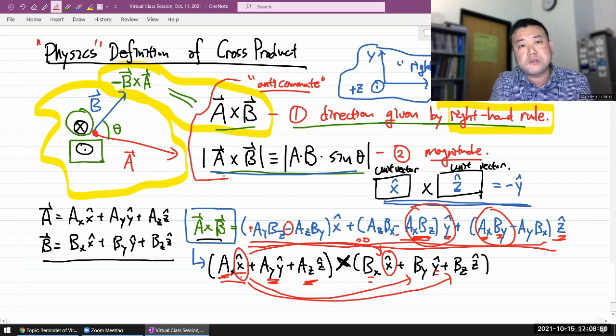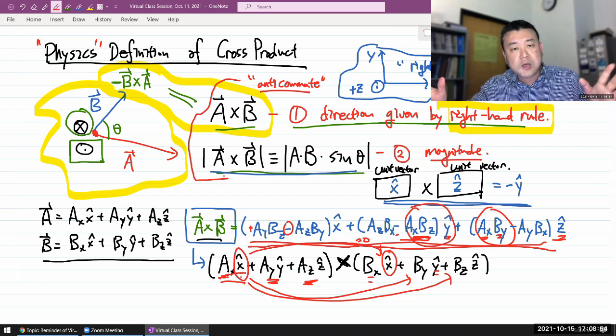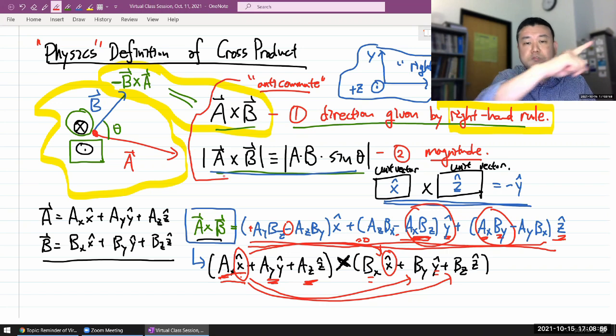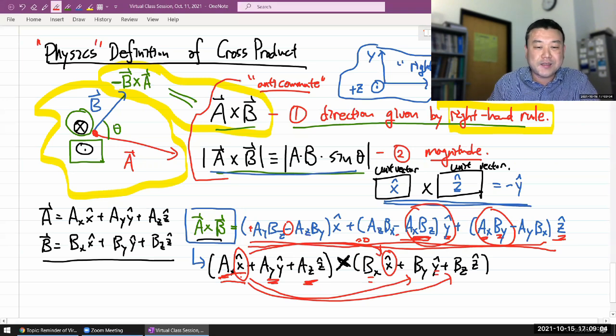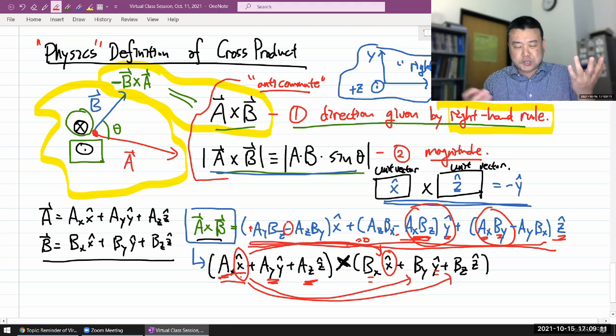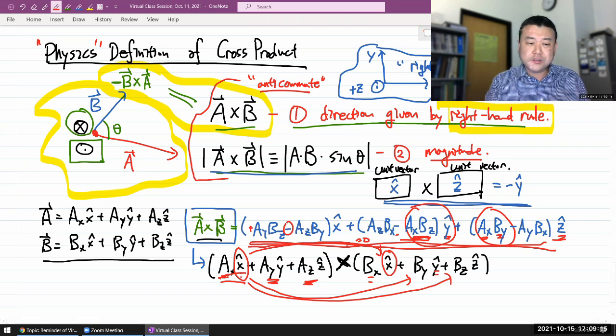Later on, when we do magnetic force, you're going to see a magnetic field setup and some charged particle that's moving. And it's so much easier to figure out the direction of the magnetic force by using this definition and using the right-hand rule, rather than using components, unless some question gave you the vector components instead of giving you the description of where they point.